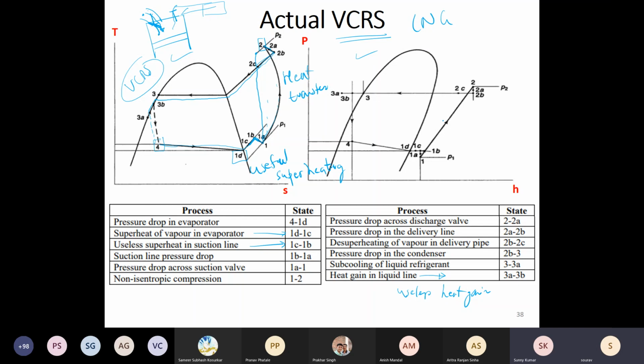So in case you have any doubts related to the VCRS cycles, the processes that we have discussed, I will send one tutorial today itself, which will help you to understand what types of questions are expected, and whatever we have discussed now, you will be able to apply it to solve certain problems.